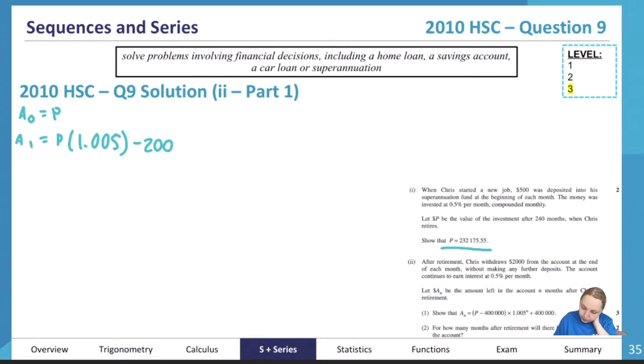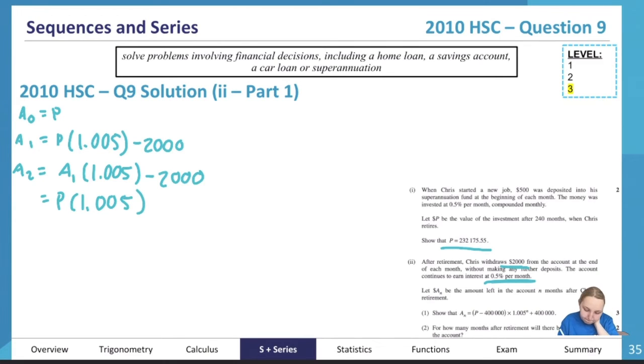Our A1 is equal to P earning interest, taking out however much money we're taking out. So he withdraws $2,000 from the account at the end of each month, and the account continues to earn interest. We're just accounting for the interest and then subtracting how much we have to take out. Then A2 is equal to A1 earning interest minus 2,000, how much is taken out.